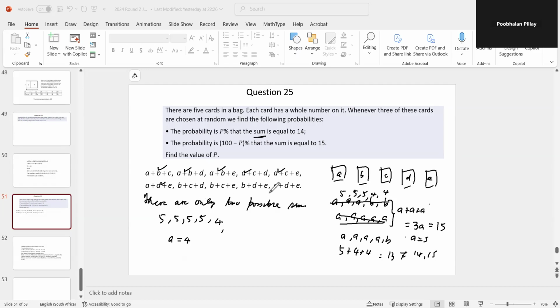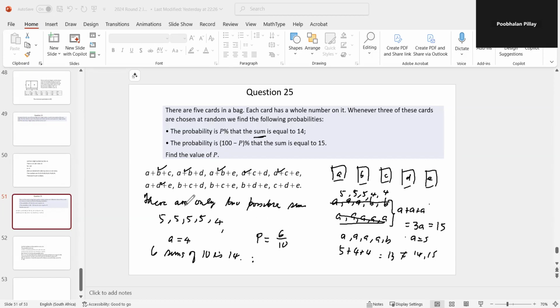So 6 of the sums will be 14. So the probability of getting the sum 14 is 6 out of 10.